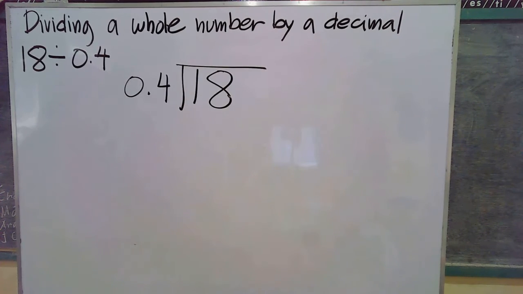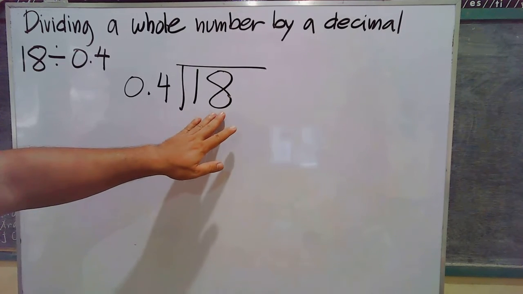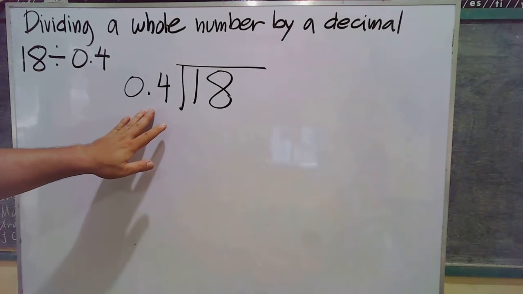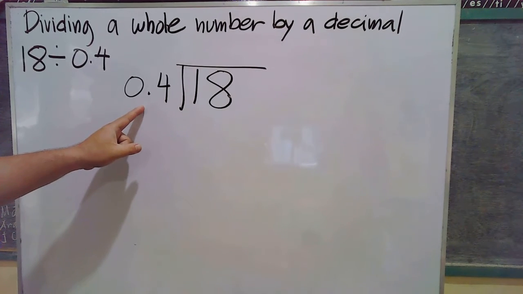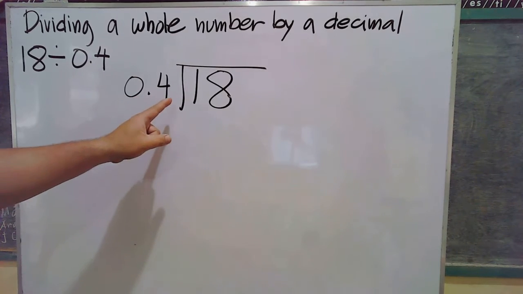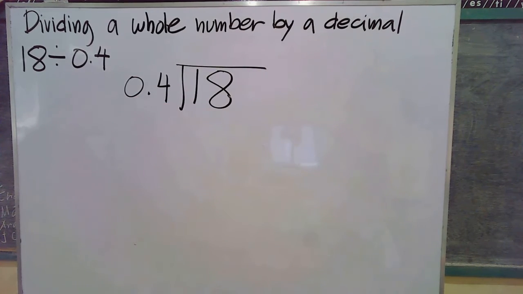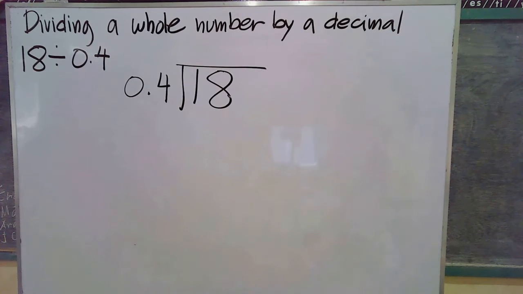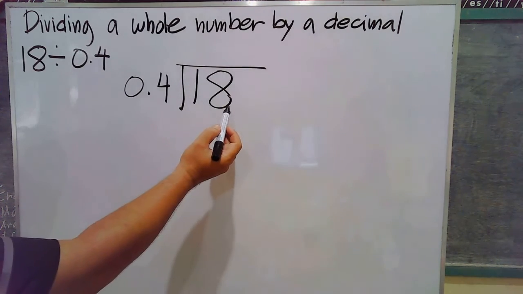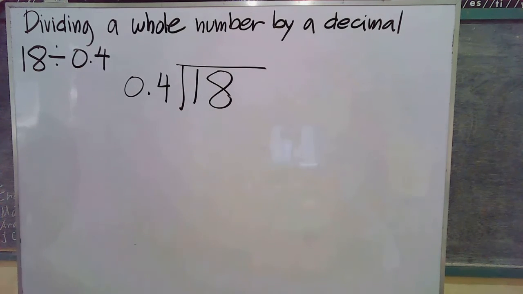To divide a whole number by a decimal number, the first thing to do is change the decimal number into a whole number. How? By transferring the decimal point to the rightmost of the number so that it becomes a whole number, and also adding zeros to our dividend.